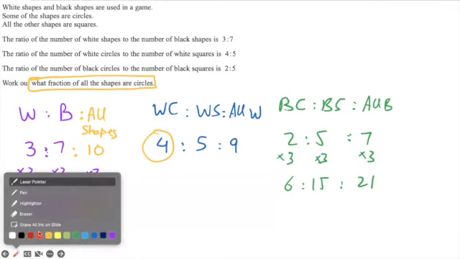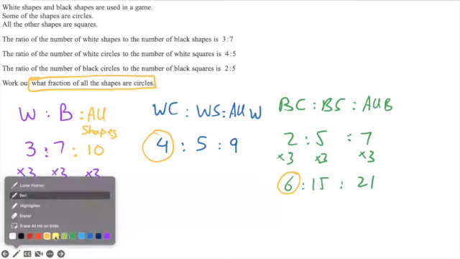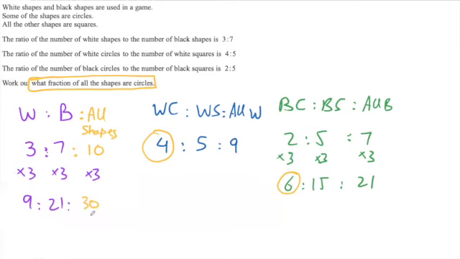So let's circle this. Okay, which means that if there are 30 shapes in total, how many of them are circles? Well, there's going to be 4 white circles and 6 black circles. So 4 plus 6 is 10, right?